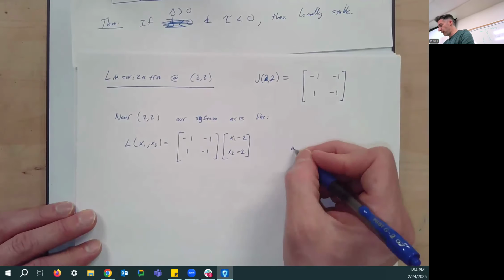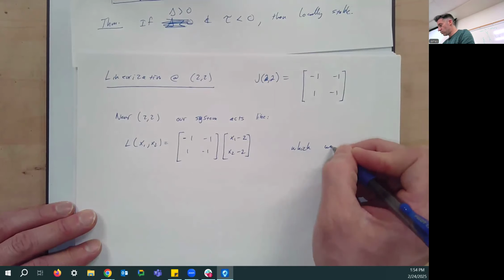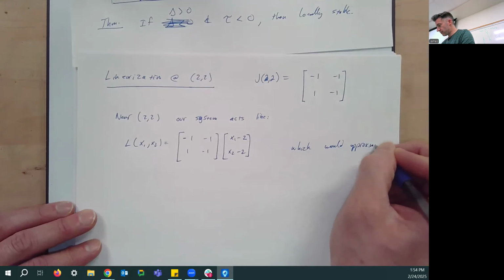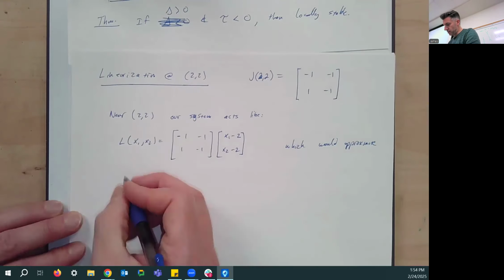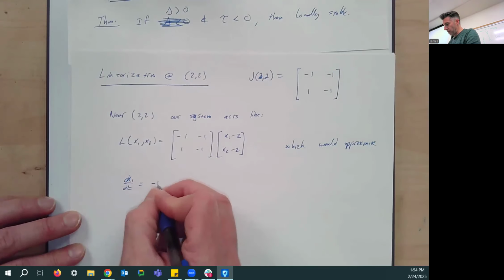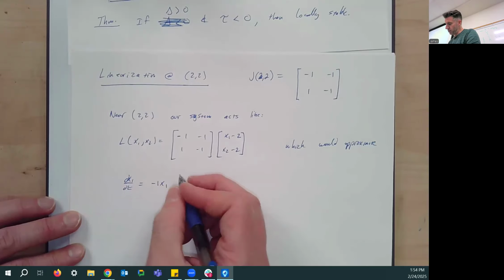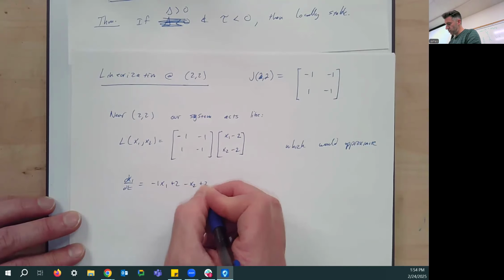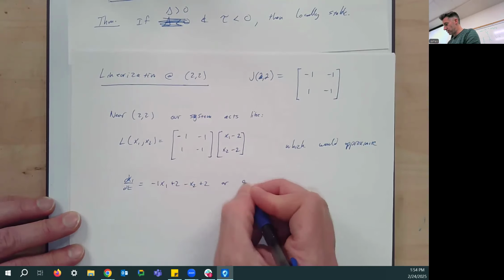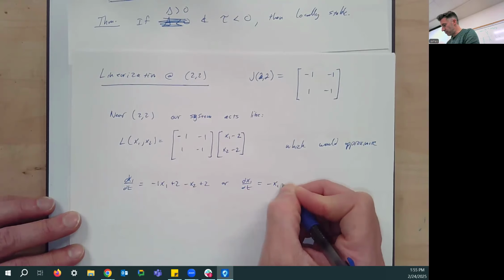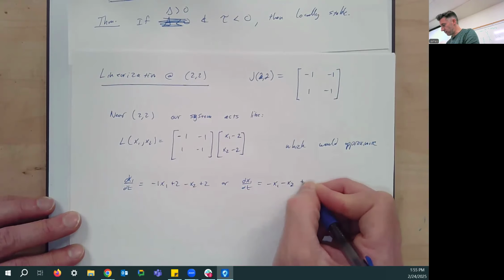Which if we multiply it out would approximate dx1/dt equal to -(x1 - 2) - (x2 - 2), or dx1/dt equal to -x1 - x2 + 4.